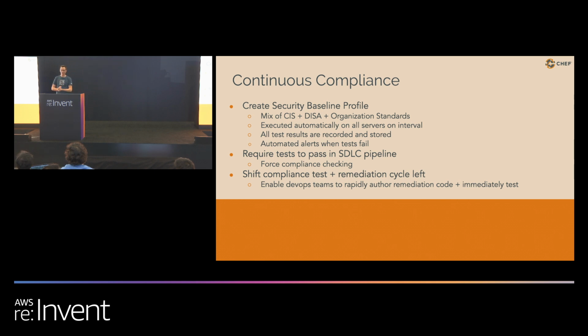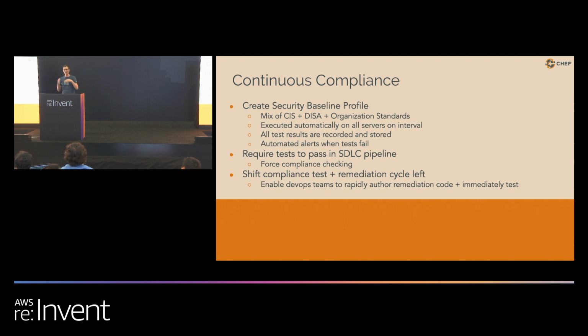It's intended to be executed automatically on every server on some interval with test results recorded and stored, obviously with automated reporting when there's failures. But more importantly, we have the ability now, because it's in code and it's very easy to execute and returns an exit code, that we can put these tests inside your SDLC pipeline for your change, right?